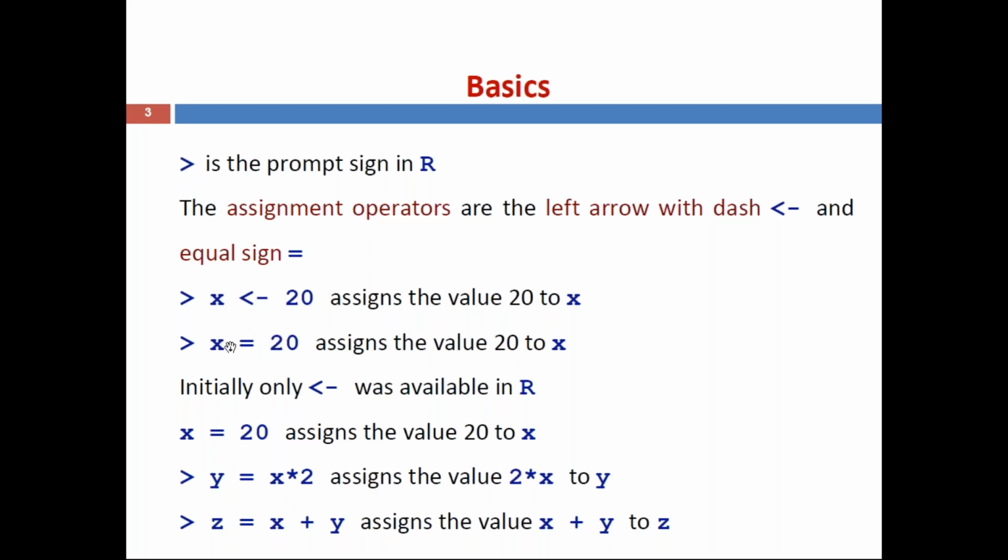Another way, simply by using the equal symbol, x = 20, also has the same meaning, assigning the value 20 to x. Initially only the left arrow with dash was available in R.